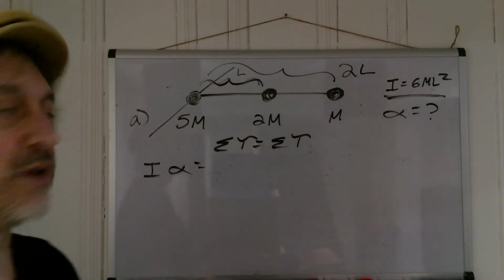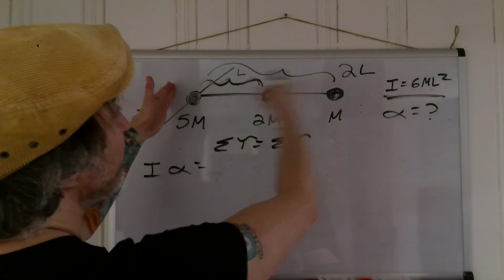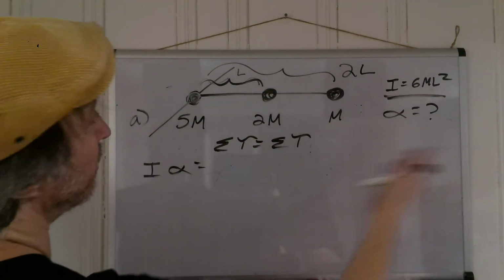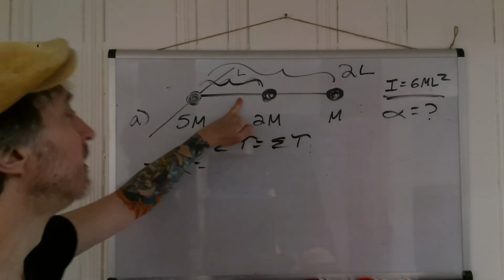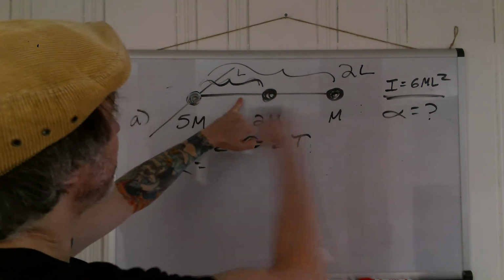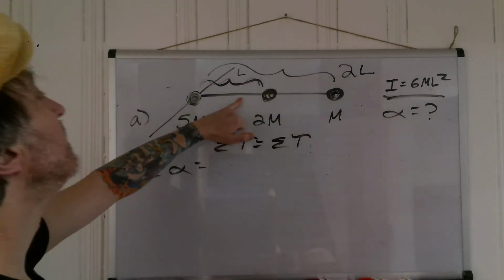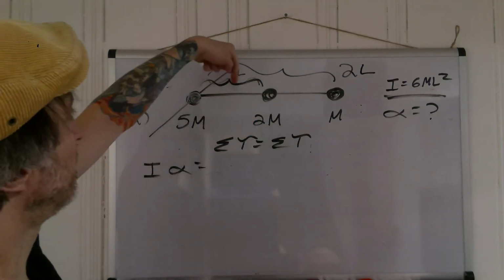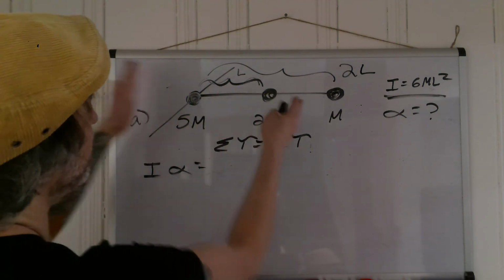Now, there are 2 ways you can do this. Option 1 is find the center of mass of the system. I don't know where it is because I didn't do it this way. My guess is that it's going to be kind of over here somewhere, right? And then you can treat the whole thing as having a mass of 8m, because that's the mass of the whole thing. And then just do force of gravity, so 8mg times whatever the lever arm is for your center of mass.